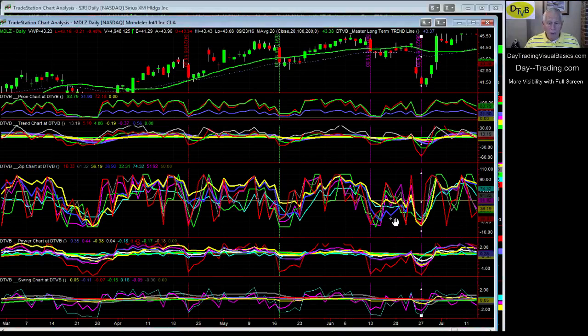Now, notice that the pink line on the left has the zip yellow above 50, and what's at the bottom in the zip chart is your red and pink. Zip red is at 5, zip pink is also at 5. Zip red is just a little bit under it, according to the data window.